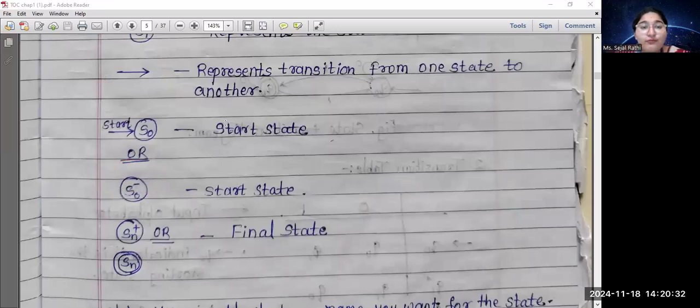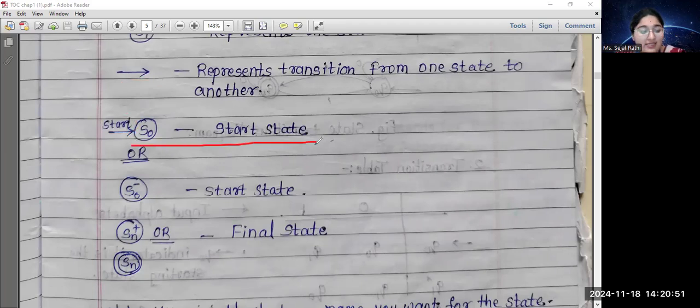For showing the start state, we are using this transition symbol and writing start on the upside. So this is a start state.